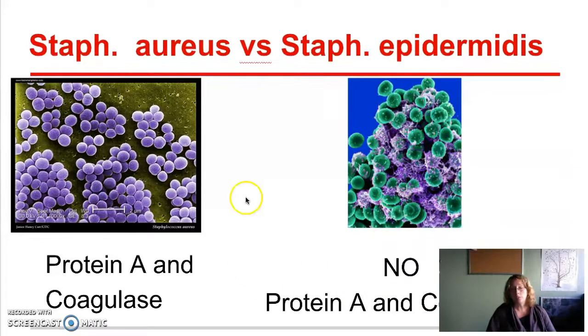So we can determine which of these strains we're looking at by whether or not it clots or clumps when we mix antibodies for protein A and coagulase. I just wanted to mention, while these pictures show them in different colors, those are computer enhanced colors. There's no actual color when we're looking at staph infections. If only they were purple and green, that would be much easier, but they're really pretty clear.